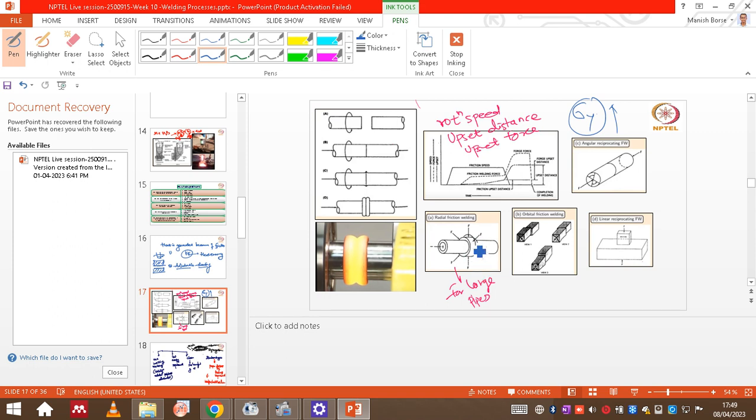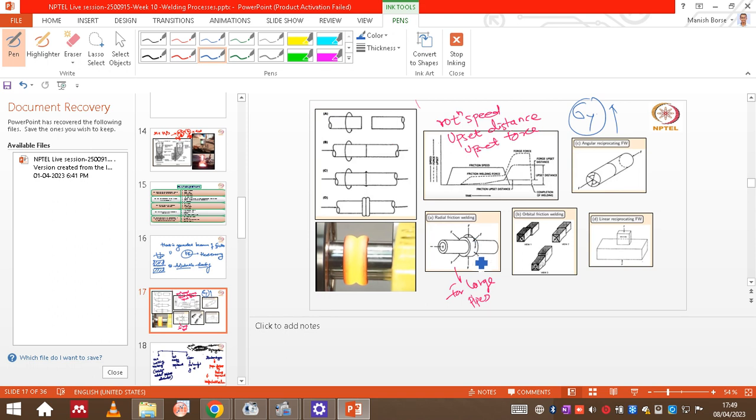Because of that, the other component we want to join is stationary, and only this rim is rotating, and friction will be generated at the interfaces because of the rotation of that external rim, and heat will be generated, and it will cause the coalescence of the interfaces, right?